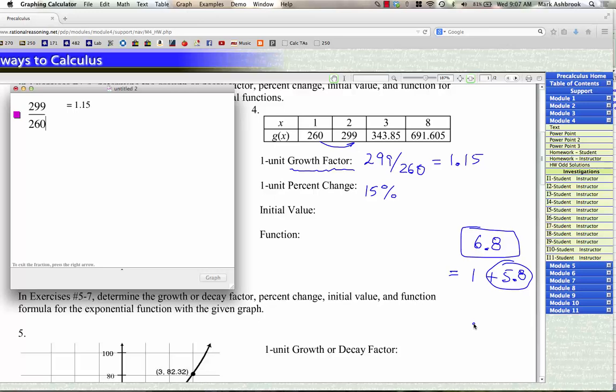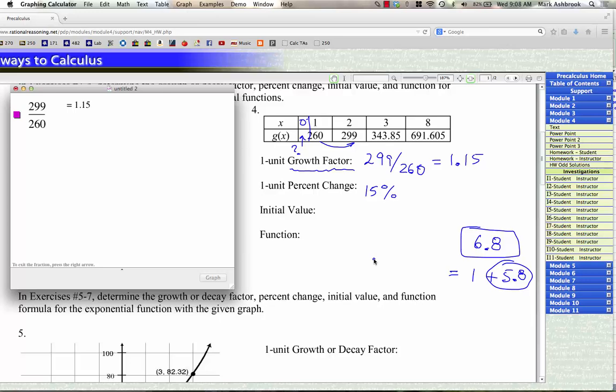Okay? Initial value, 260, right? So if I make a new column in here, 0. So we're asking, what is that initial value? A couple ways to do this.